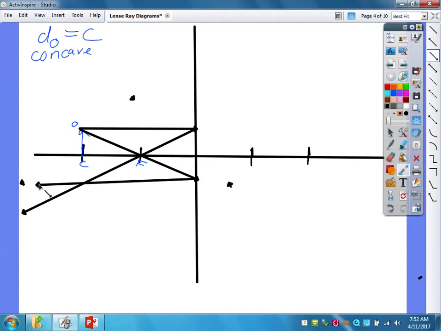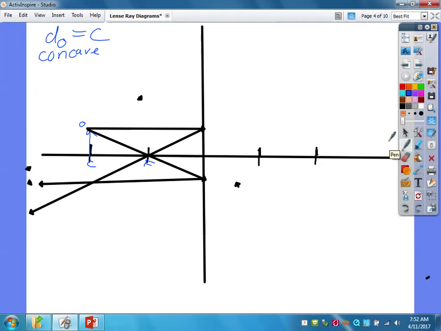And then it comes back straight back. Pretty good, pretty close. This one's always the most difficult to get exactly right. That image is basically showing up right below C if done correctly.